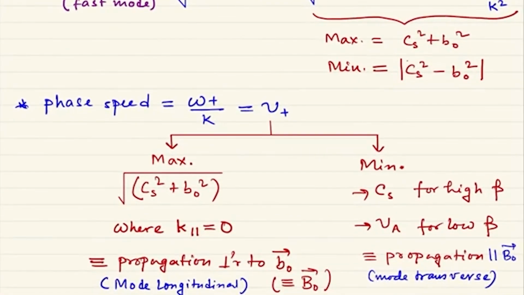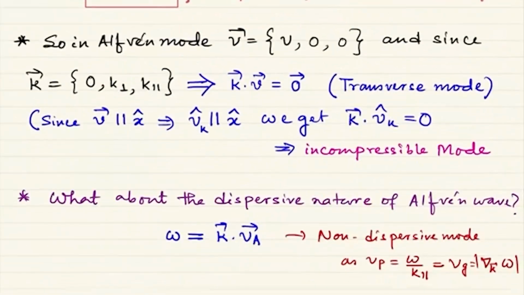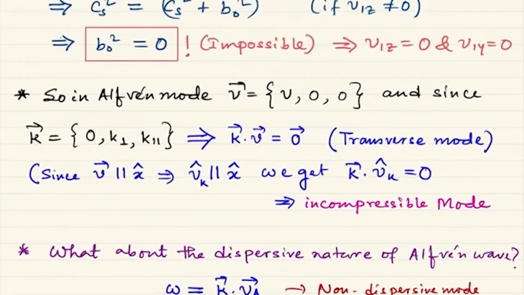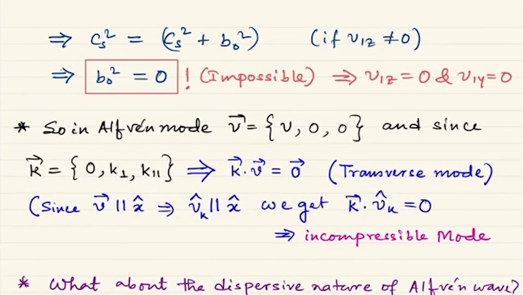I have made some mistake, just a minute, let me fix this one, sorry. B0. Okay, this is the Alfven speed as well. Now it is true that here we have written, just a minute, so what about the nature?